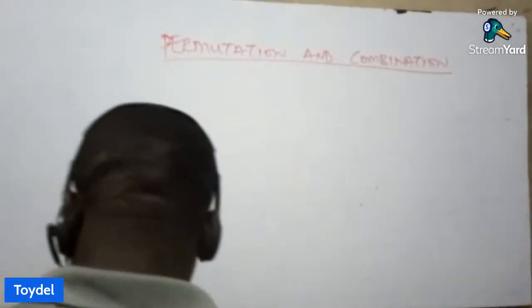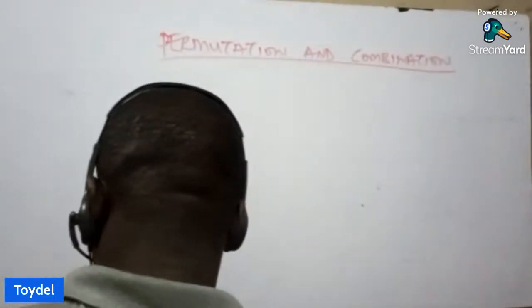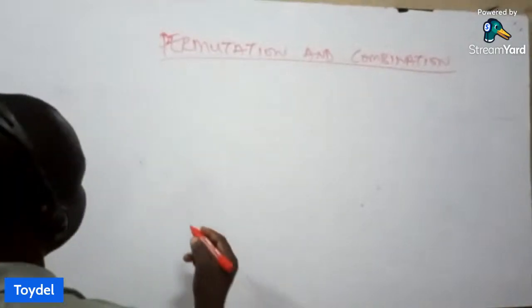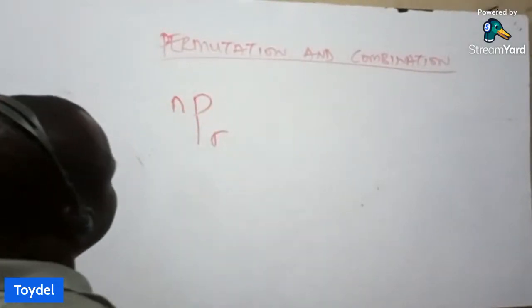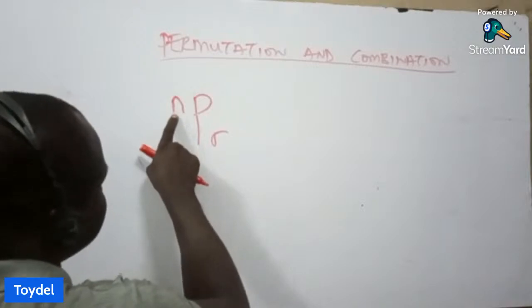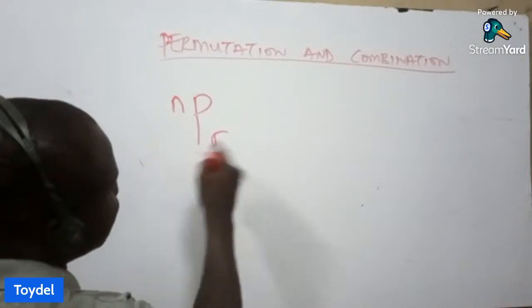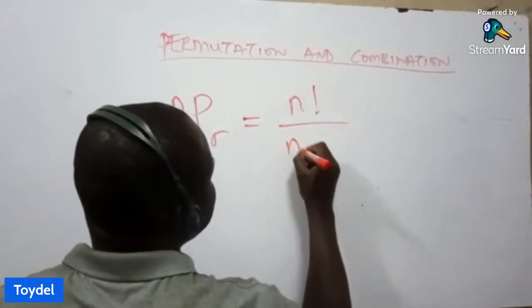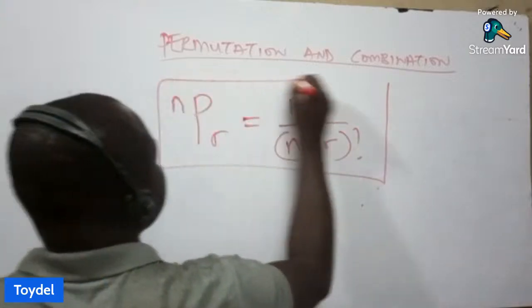Now, let's say we have n objects, the permutation of n objects taking r at a time is denoted as n permutation r. That is, when we have n objects, we are taking r at a time. The arrangement will be n permutation r, and by formula, it is given as n factorial all over n minus r factorial. So this is the formula for permutation.